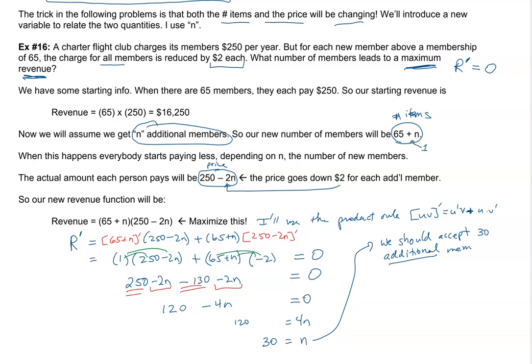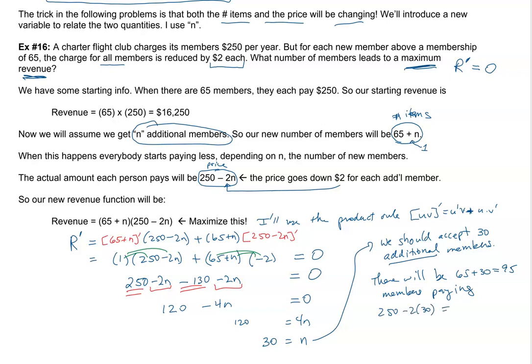So there will be 95 members paying. 65 plus 30 is 95 members. How much will they be paying? 250 minus 2 times that 30. Wow, what a deal.